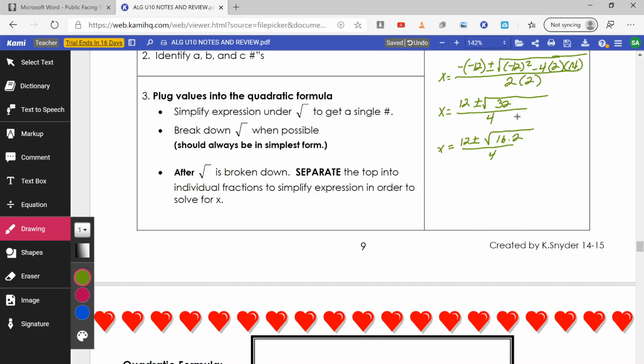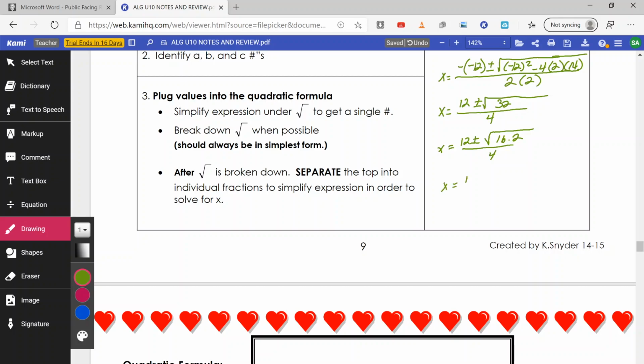Now the cool thing is once I split it up like this, I can take the square root of each number that's underneath the symbol. So the square root of 16 times 2 means I can take the square root of 16 and the square root of 2 if I want to. However, I'm not going to do the square root of 2 because it's not a perfect square.